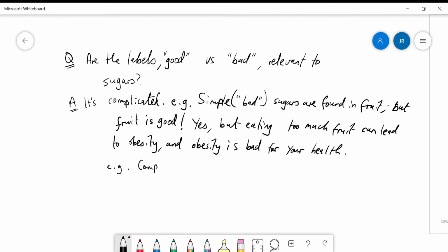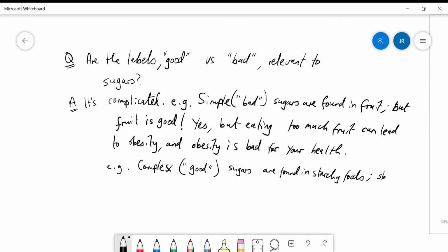Complex sugars, these are the good ones. Are found in starchy foods. So that's why they're good.